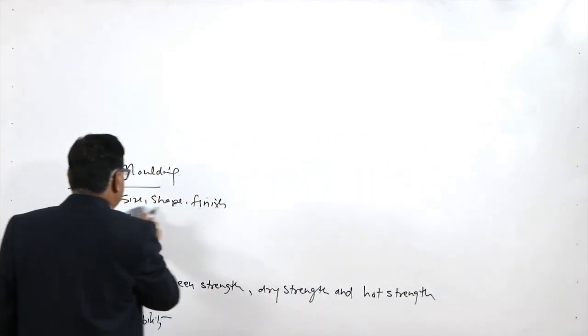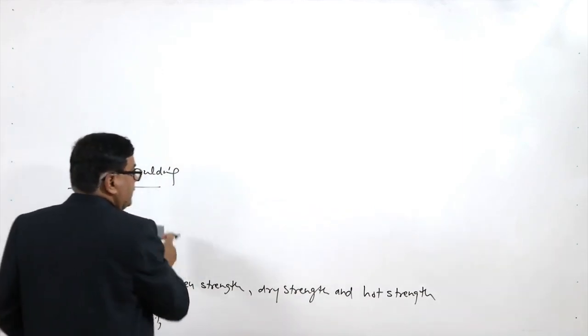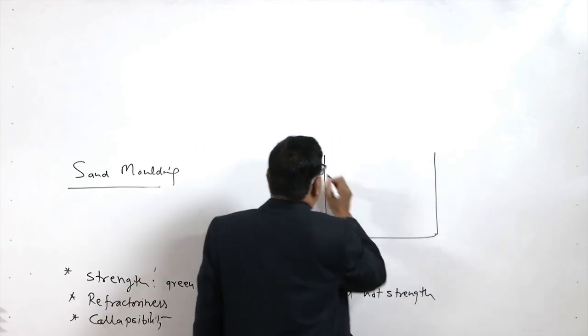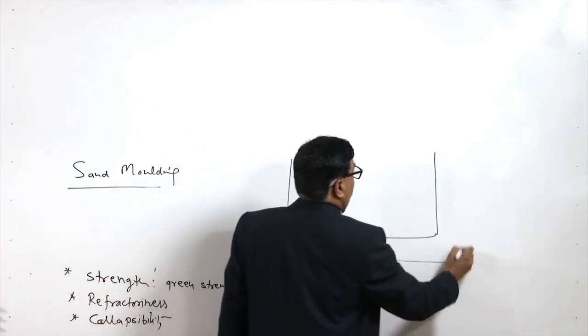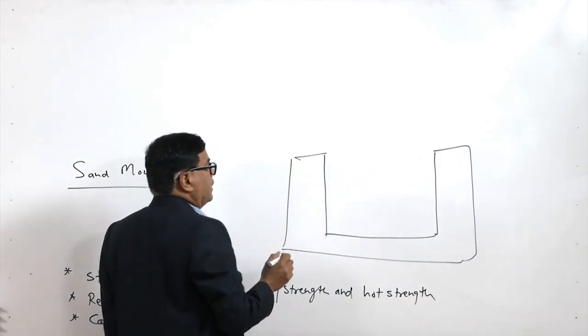If the mold is not of proper strength, then under the effect of the metallostatic pressure, the mold walls will be damaged, and this damage can occur in different forms.